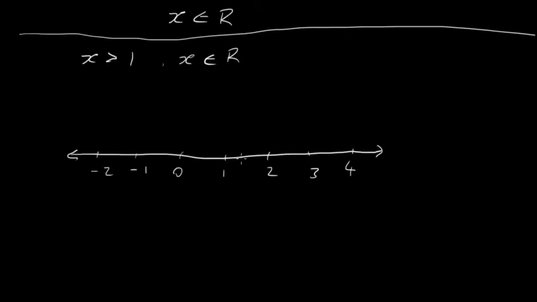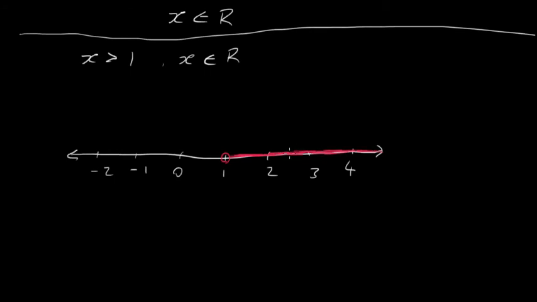So that means we've got to include all of these numbers to the right hand side of 1, but not include 1 itself. So the way we represent that is we put a circle around the 1, don't fill it in, don't color it in here, and then we just draw our line up along here like this.